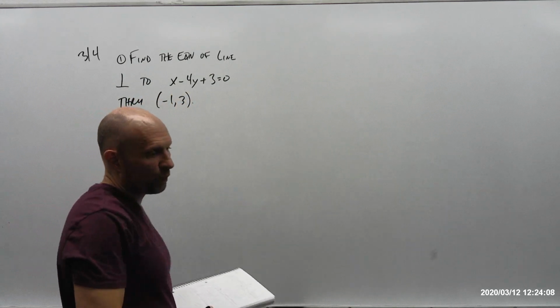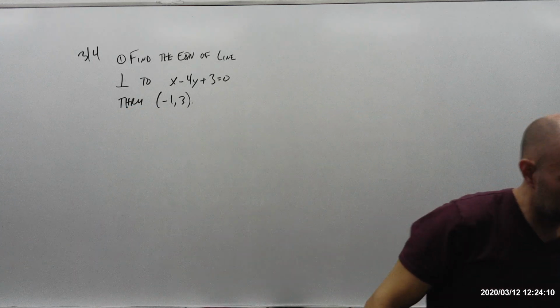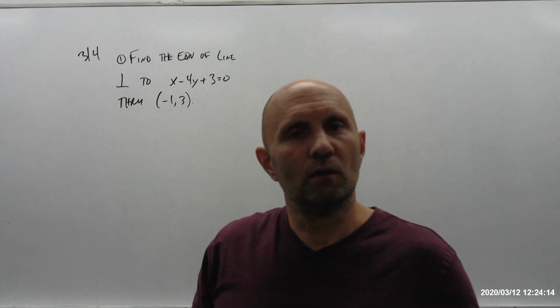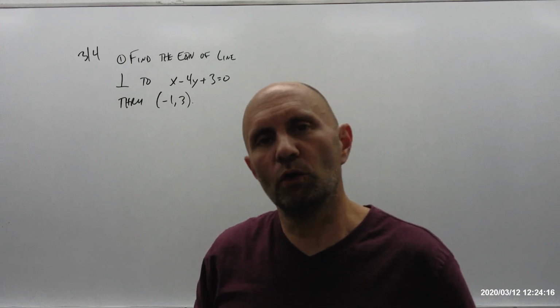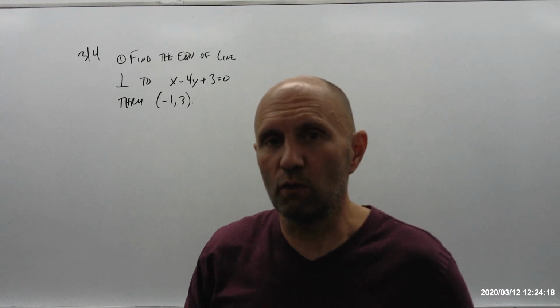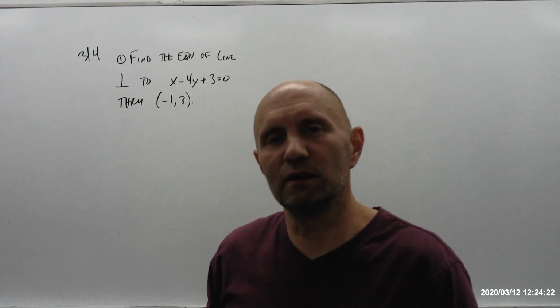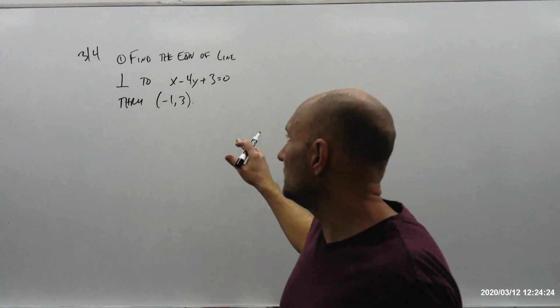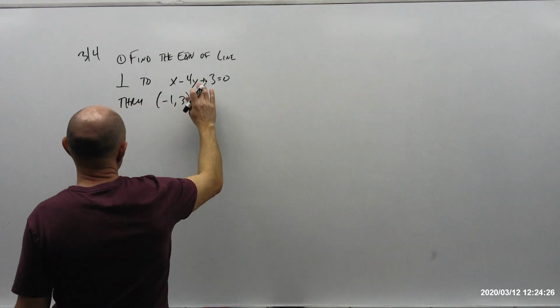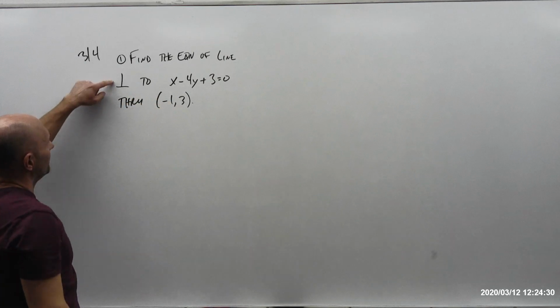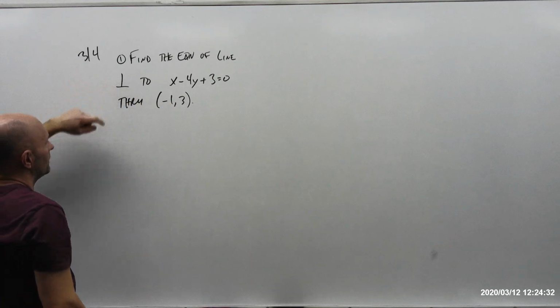And we want this in y equals mx plus b form. So, concept questions again. If we have a parallel line, what do we know about their slopes? They're equal. If we have perpendicular lines, what do we know about their slopes? They're negative reciprocals. So we need to first find the slope of this line, then do the negative reciprocal because we're looking for perpendicular. This is our symbol for perpendicular here.